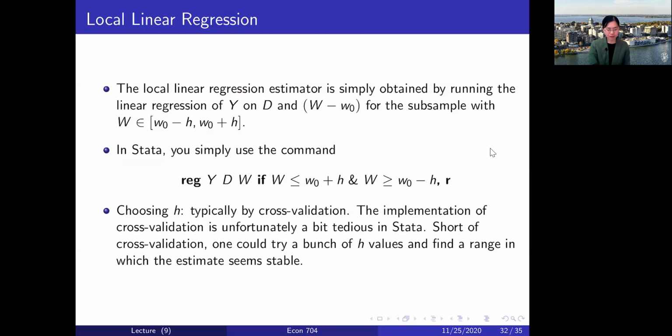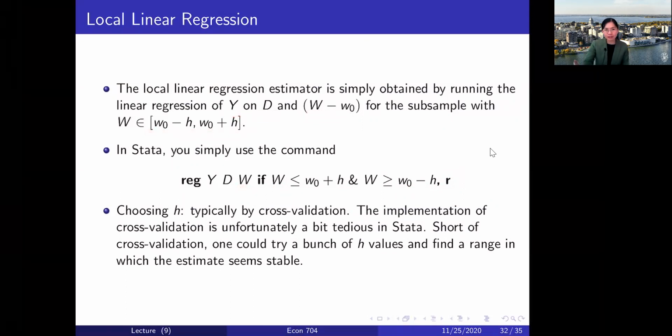Instead, you simply use the command regress Y on D and W if W satisfies these inequalities. And notice that we always use the comma R so that we produce the robust standard error. So you can regress Y on D and the control variable on this small interval.